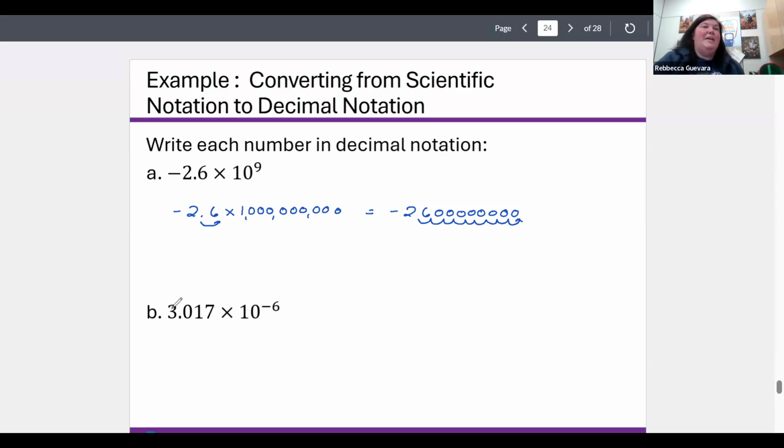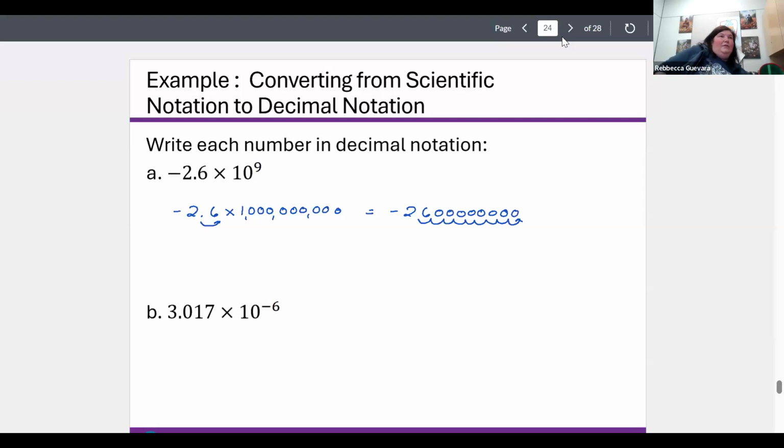Okay. If I have 3.017 times 10 to the negative 6, now, if it's a negative 6, I'm going the other way. So when we have this, it means I have 1 followed by 9 zeros. This means it's something a little different.